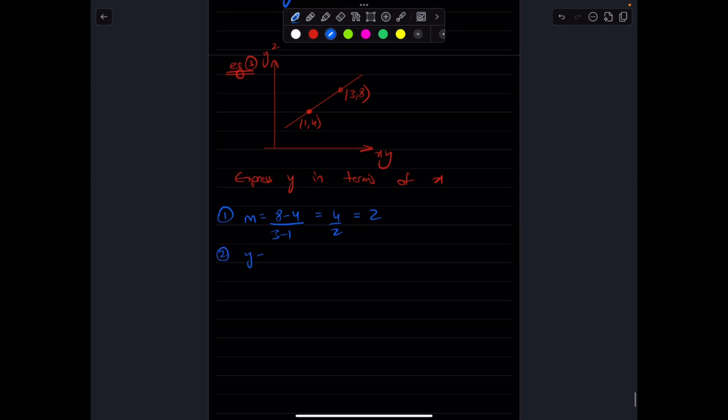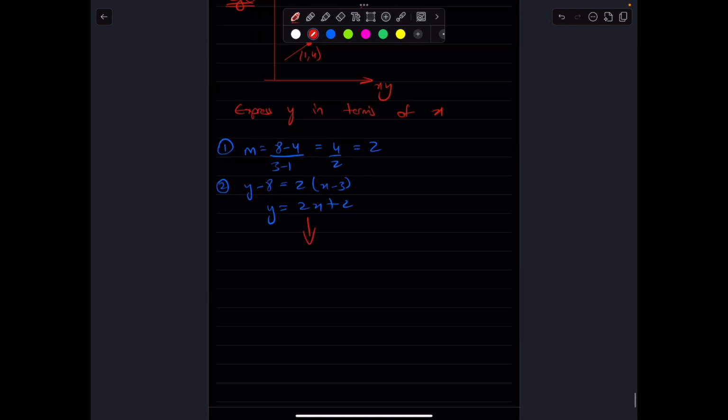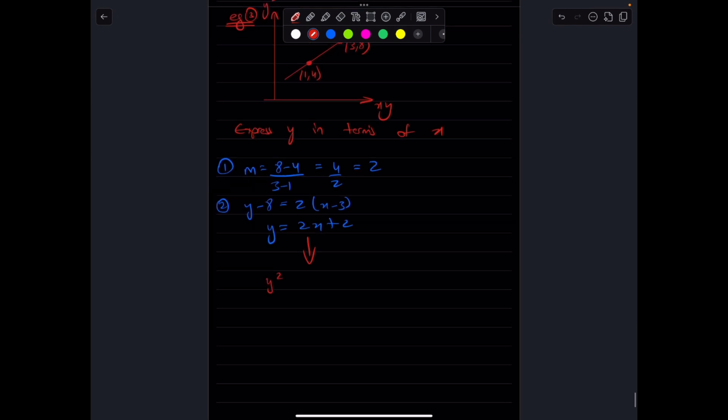Using a point on the line and the gradient, we can form an equation in the form y is equal to mx plus c. The third step is replacing the x and y axis by what they are on the given graph. That's it. Equal to, replace x by xy plus 2y. We need to express the equation in terms of x.